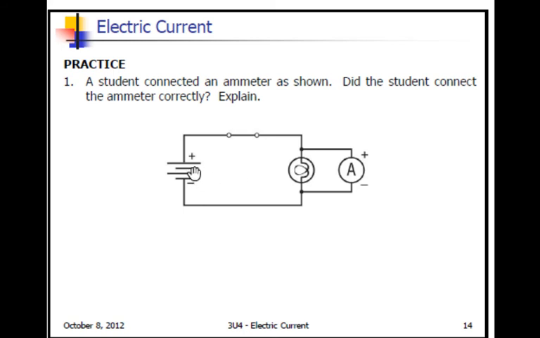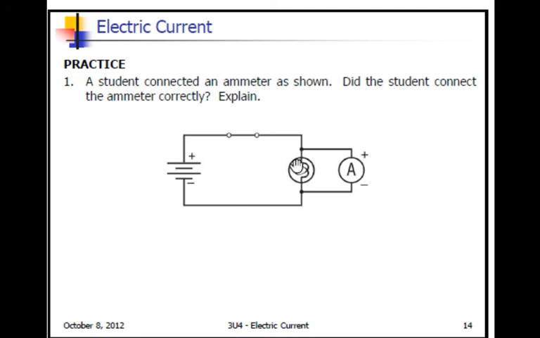And if this was the case, our current typically will flow through the path of least resistance first. And if it sees that this lamp has a certain amount of resistance, but this path here has very little resistance, we'll actually travel more through the ammeter than we will through this lamp here.